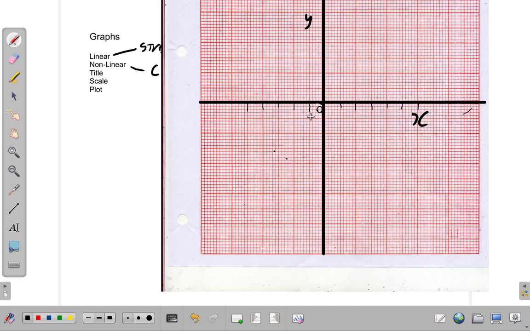And if you say this is 1, well, negative values go to the left of 0, negative 1, negative 2, negative 3, negative 4. You're putting on what I call your units. 1, 2, 3, 4, 5, and so on. These are your units. Right?